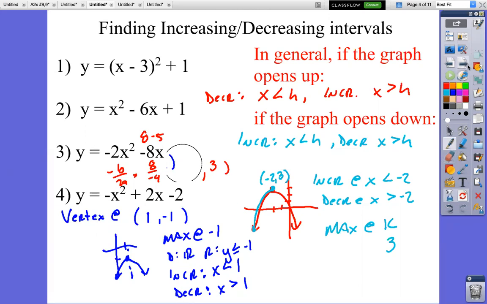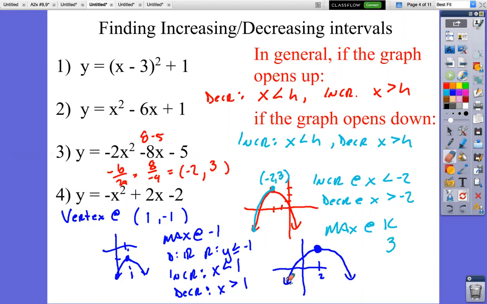Okay. Wait, so why is it for increasing, why isn't it greater than 1? Because we're talking about the X values, right? If it's opening down, let's say it opens down from like, let's say that's +2. People get thrown off by these arrows.